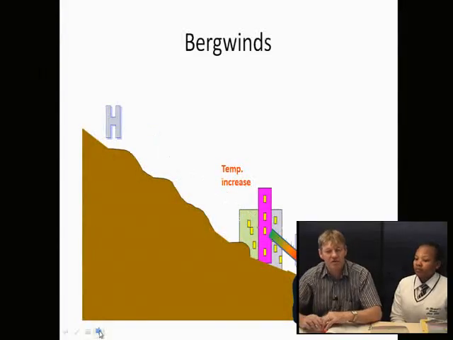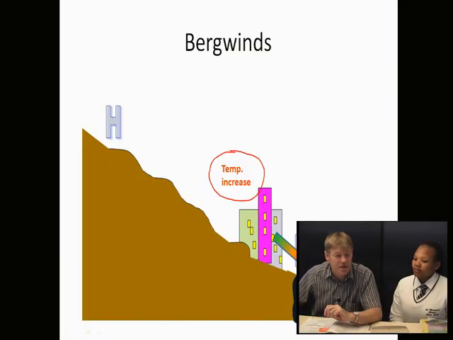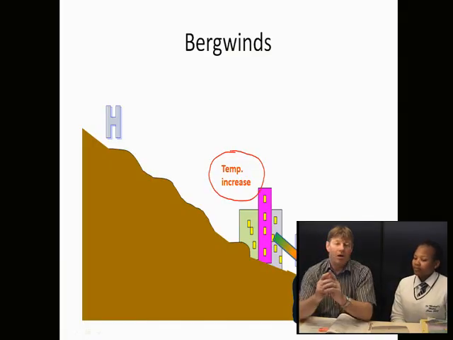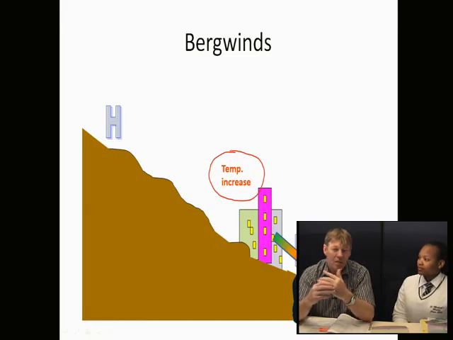If we take a look at this, you'll see how the air literally moves down, and as it moves down, what is important is that the temperature increases. Now, if you think of a temperature increase, help me quickly, what will happen to the surrounding areas?